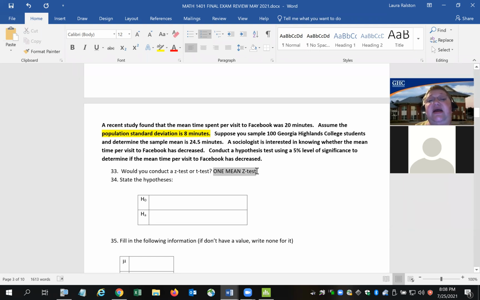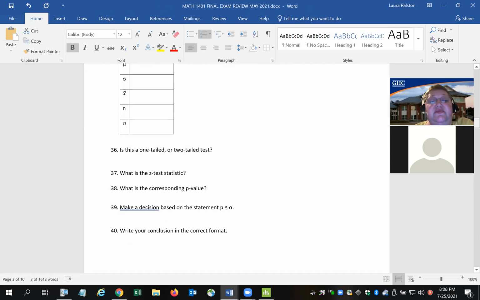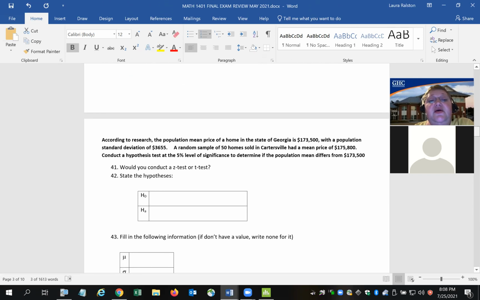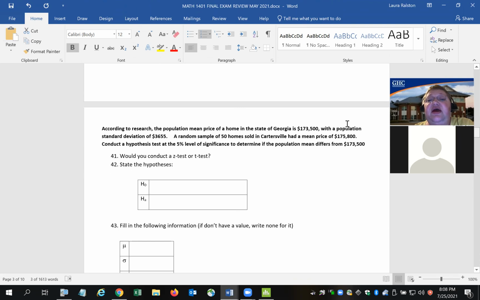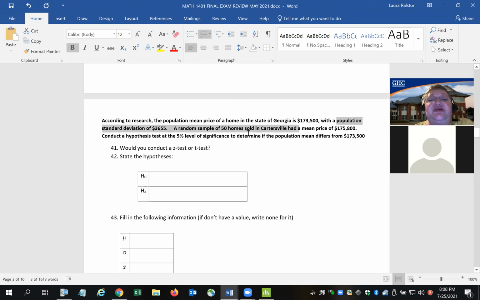Okay, that's how you make the determination about whether it's a Z or a T. So let me scroll on down. When you get to question 41, again, it gives you a population standard deviation.